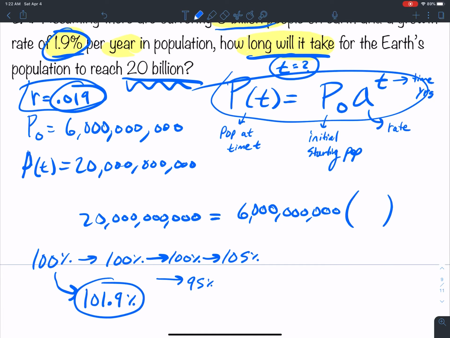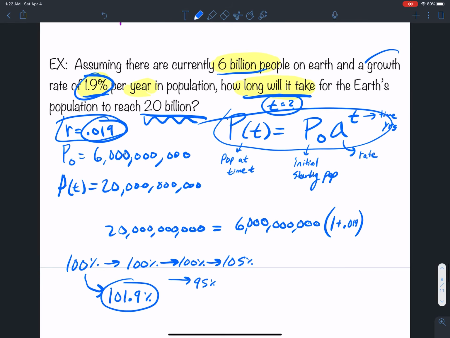So how do I convert this? I do 1 plus whatever my rate is, right? The rate happens to be 0.019, okay? I add here because the population's growing. If this word had been decay, then I would subtract the 0.019, okay? And so then that would give me a different answer.